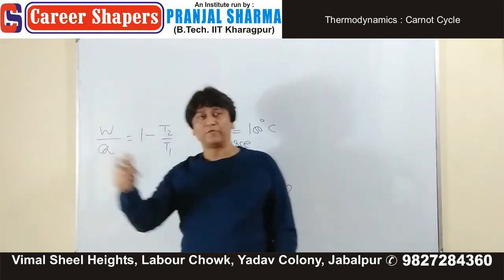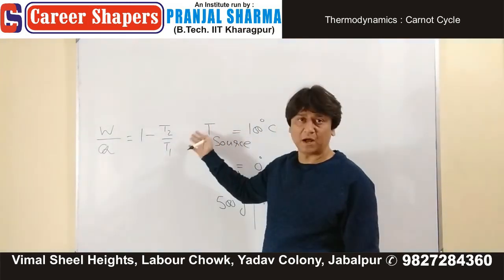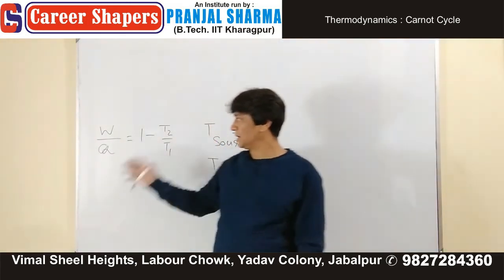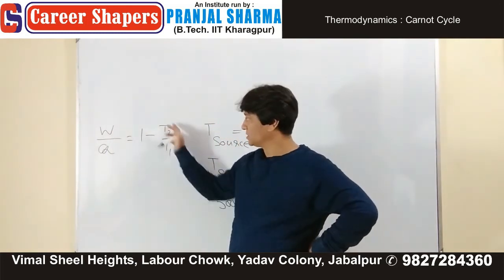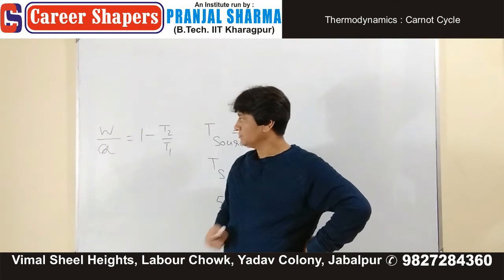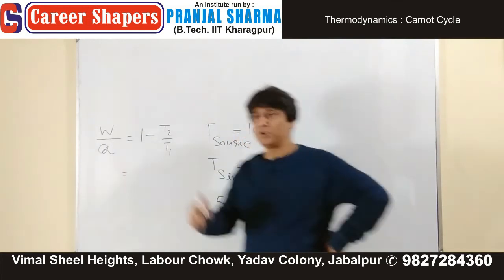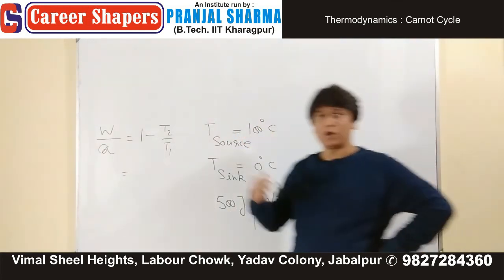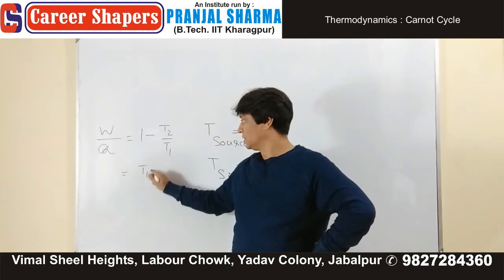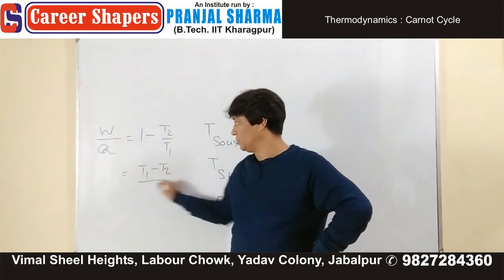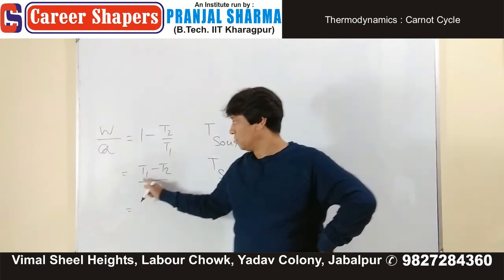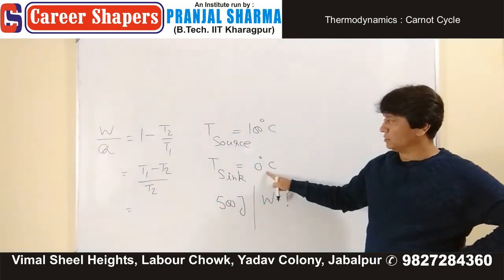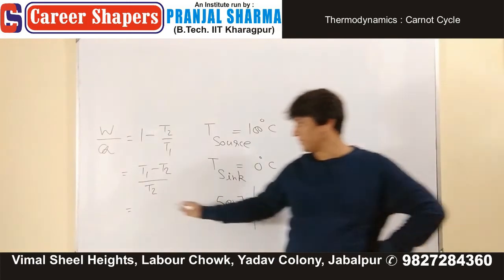If they are looking for efficiency, you can multiply by 100 in terms of percentage, but W upon Q is the only thing being asked, 1 minus T2 upon T1. Now, if temperatures are in degrees Celsius, you can always do this: T1 minus T2 upon T1. What is T1? 100. What is T2? 0. So what is the difference? 100.